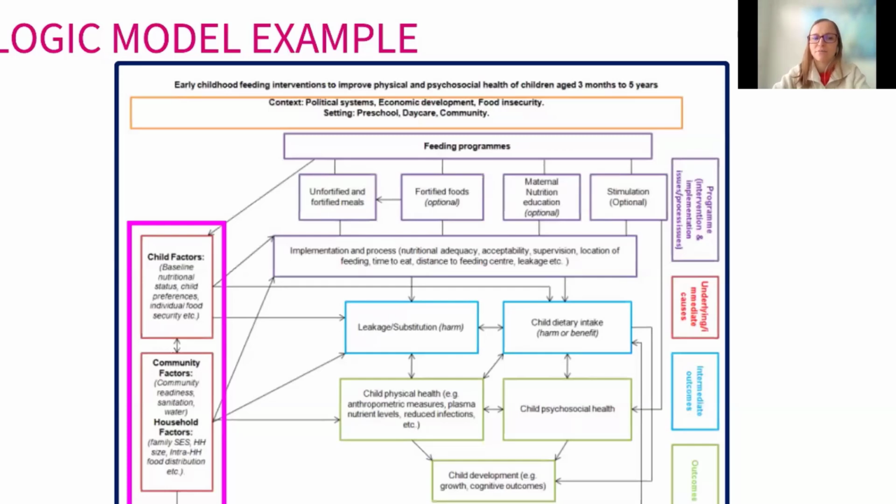So the feeding programs are affected by the baseline nutritional status. That also affects the implementation of the intervention, and the community factors can also influence all of these processes along the way. So it might help you think about how and where you might assess equity if you map it out in a logic model like this.